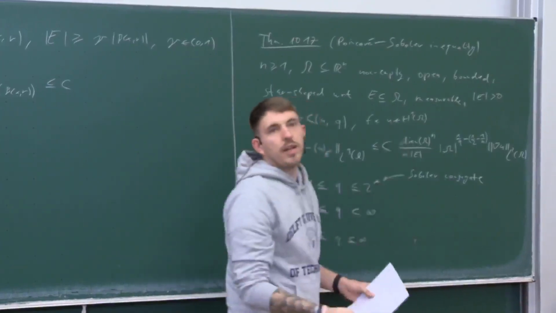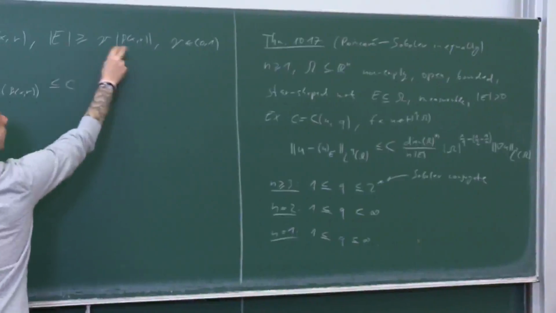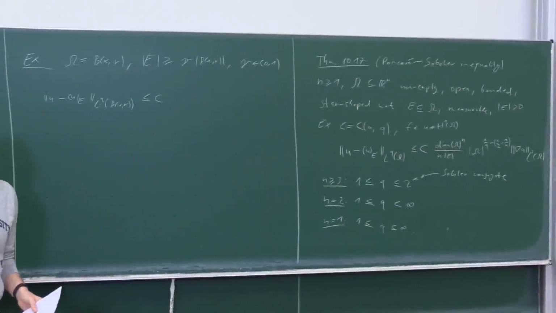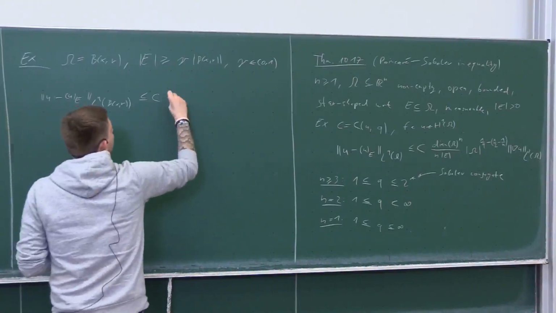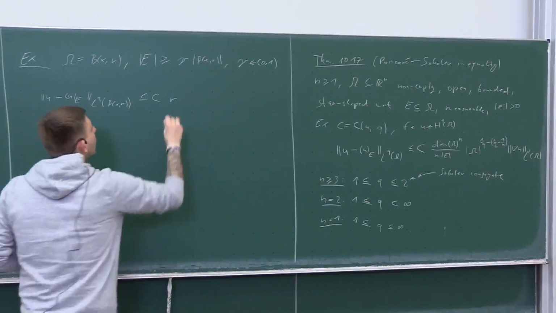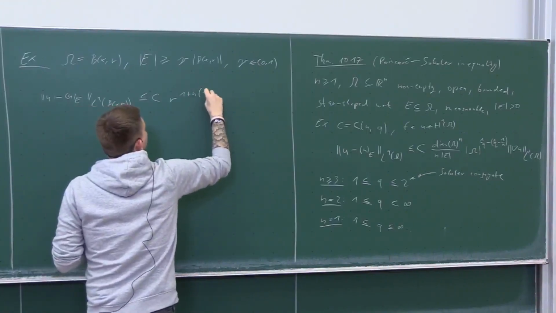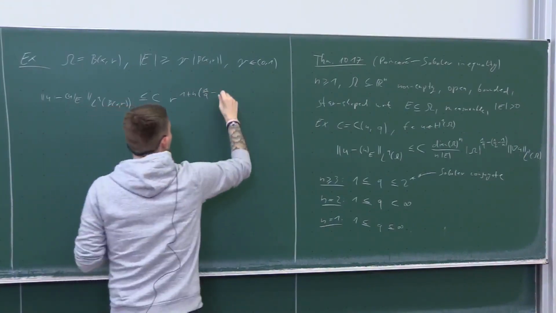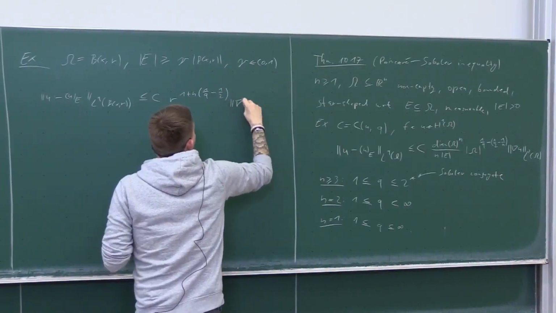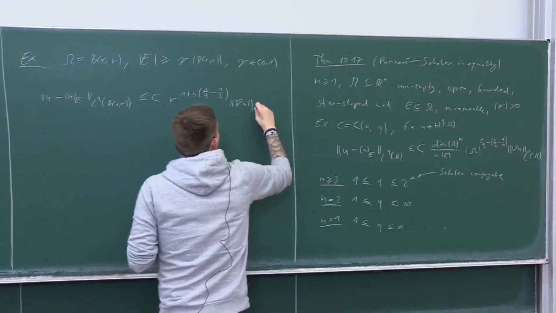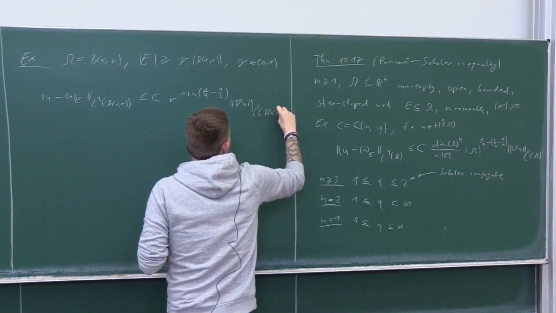The diameter is just the double radius. For this, we have this lower bound, so we can also express it in terms of the volume of the ball. So in the end, what we get out is constant times r to the power 1 plus n times 1 over q minus 1 over 2, times the L2 norm of the gradient over the ball.